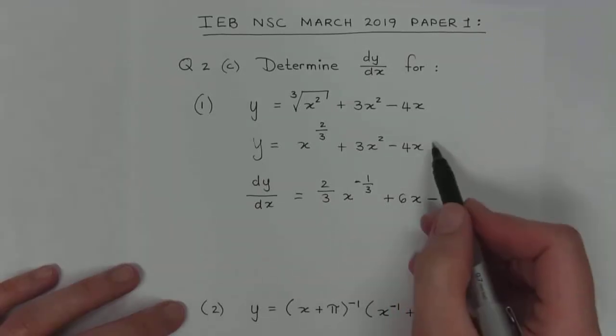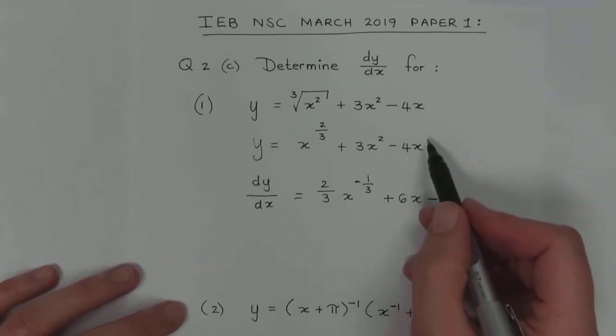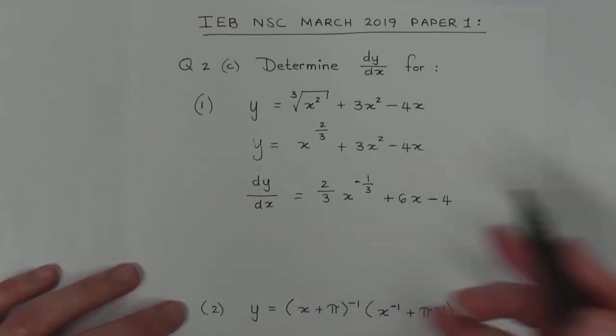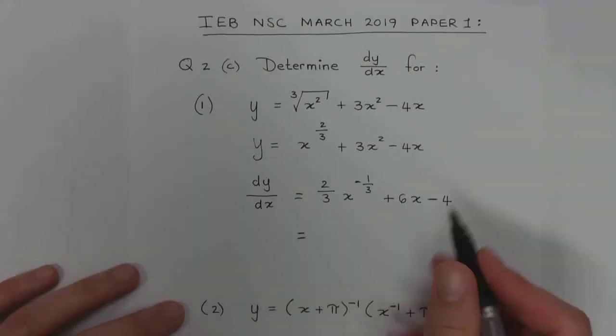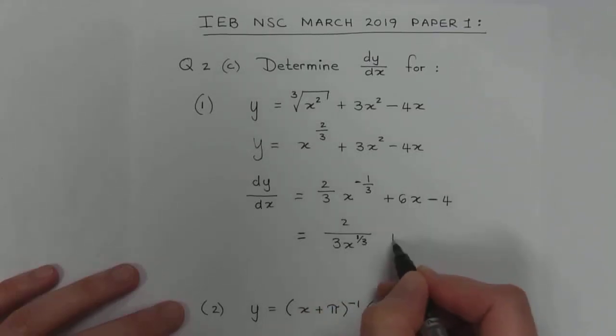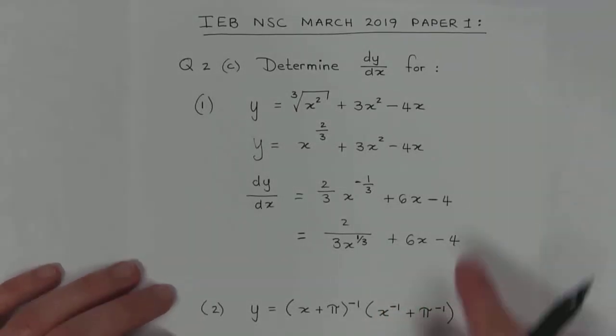But you could again just have gone and said 1 times negative 4 is negative 4, and then that's going to be x to the power of 1 minus 1, which is 0, and x to the power of 0 is 1. So that's why I can write it out like that. And then again, just good habits, we're going to move that negative exponent to make the exponent positive. And there's my answer.